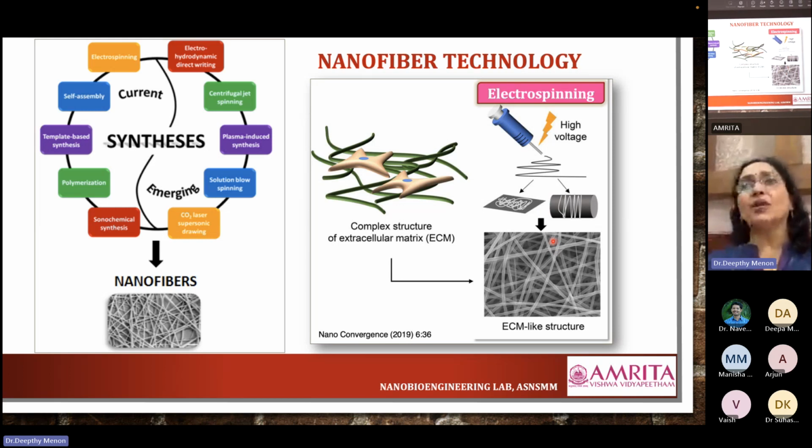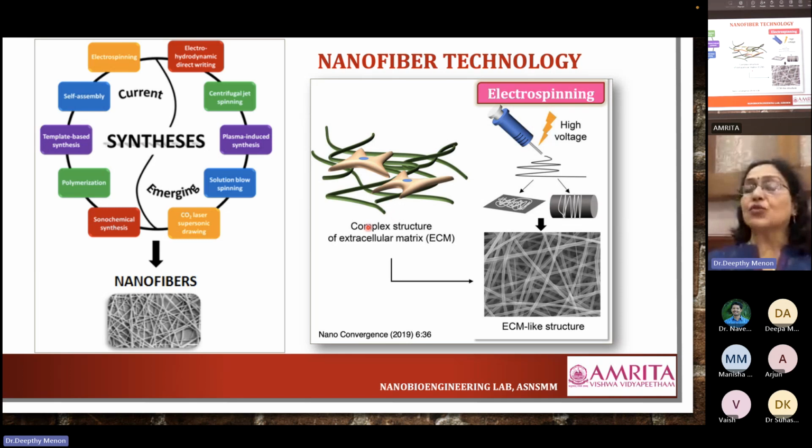And what is important in biology with these nanofibers is their scale dimension. So you can see that we can get nanofibers starting from 100 nanometers to 200, 400, 800, or even microns. I'll be just touching upon a few of them. But what's important to note is that this dimension and size scale is actually mimicking that of the extracellular matrix which is in your human body.